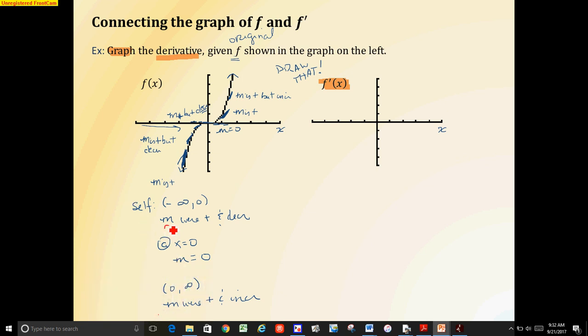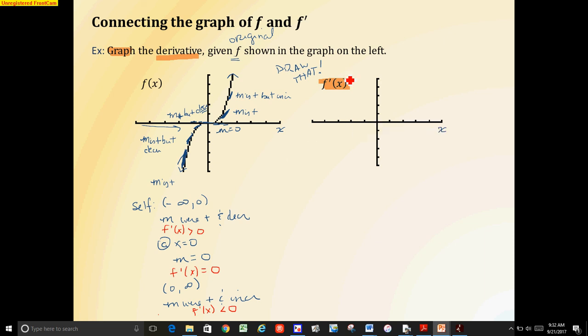Slopes were positive, f prime of x was greater than 0. F prime of x was equal to 0. F prime of x was less than 0. And start to draw that approximately. Over here, my slope was positive and high.